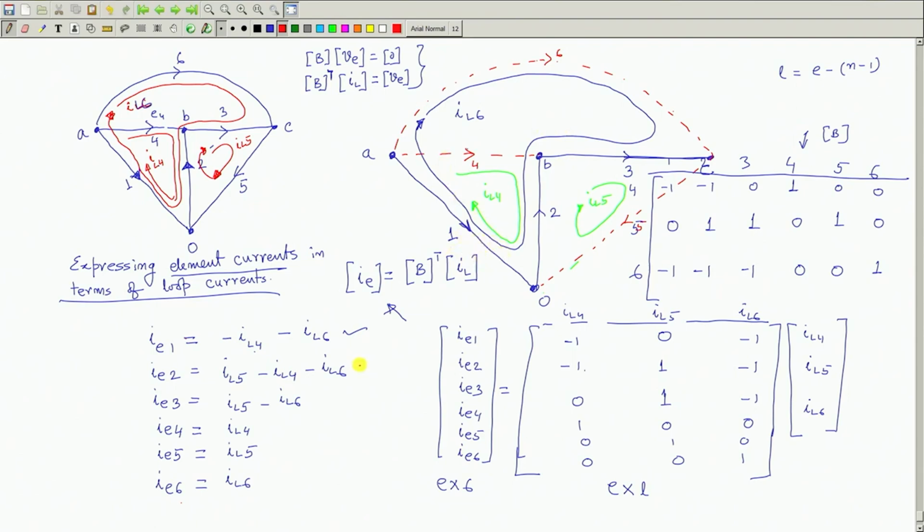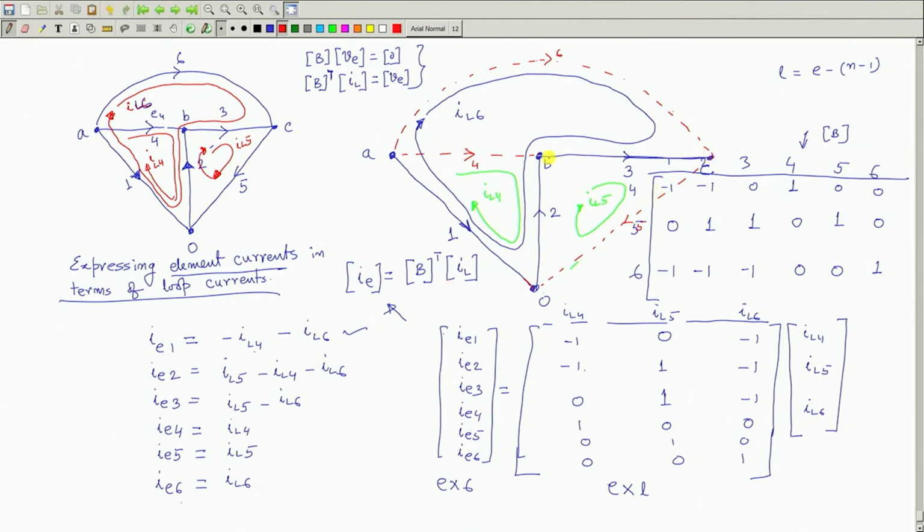What is a fundamental loop? A fundamental loop is one where only one link will be present. For example, this is a fundamental loop. Is this a fundamental loop? No, two links are present. Although KVL will be satisfied there, we look for the fundamental loops where there will be only one link present and it will form a closed circuit.